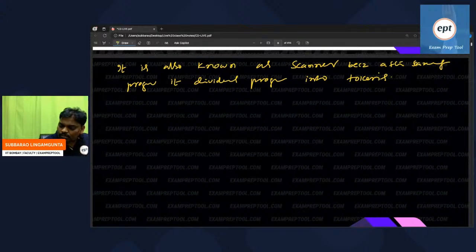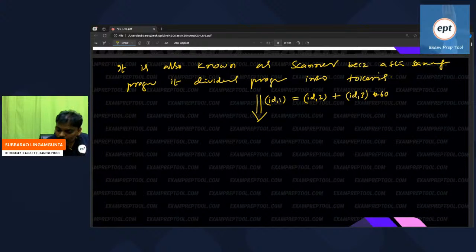Observe here, this is the final output: ID1 is equal to ID2 plus ID3 star 60. This is the output, and this is the input to the syntax analyzer.